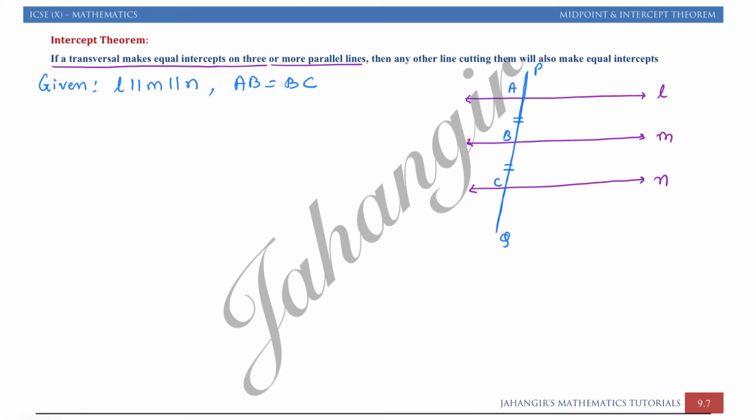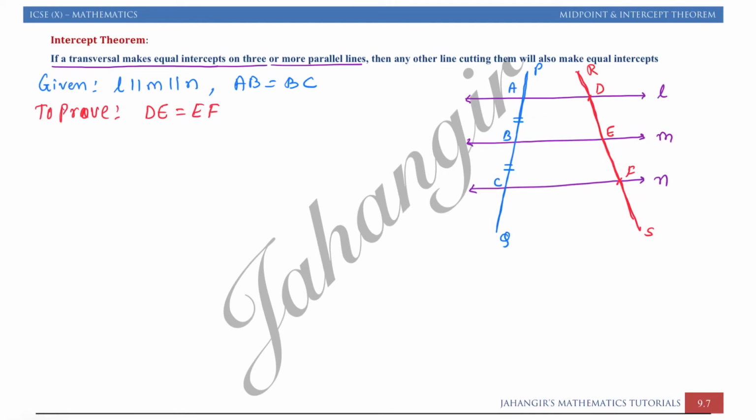So what they said is, then any other line, let's say this red one, let us name it RS, which intersects the three given lines at D, E, F. Then any other line cutting them will also make equal intercepts. So we can say DE is equal to EF.